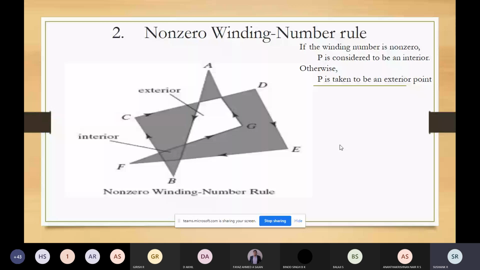Here we have one parameter called the winding number, which will be initialized to 0. Initially the winding number will be initialized to 0.